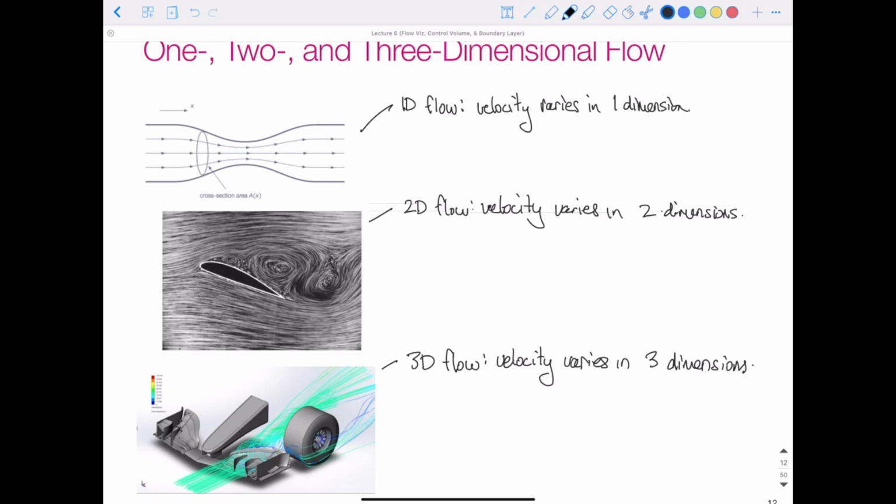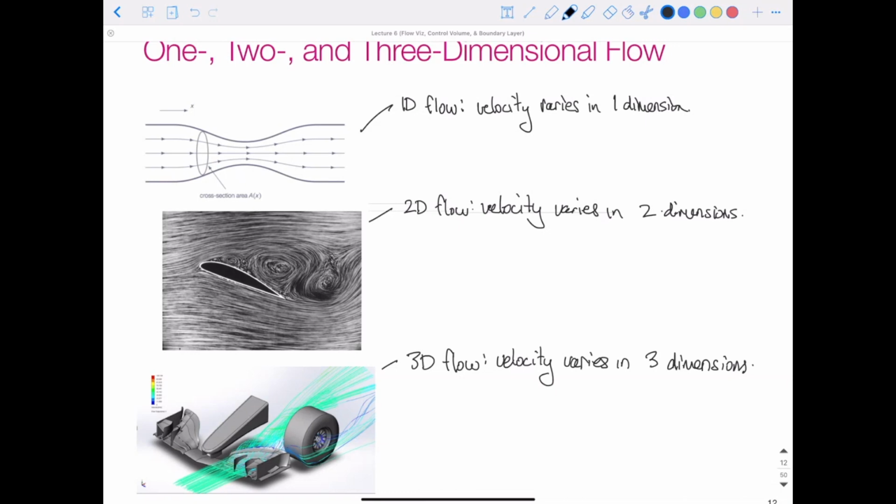So a typical fluid flow involves 3-dimensional geometry, and the velocity may vary in all 3 dimensions. But sometimes we can simplify this down to fewer dimensions. For example, this airfoil section is 3-dimensional, but we really care about the flow in a certain plane. So we would simplify that down to 2-dimensional flow. And if we can prove that the amount of fluid flowing in and out of that plane is relatively insignificant, then we can validate an assumption that maybe a 3-dimensional flow could be modeled as a 2-dimensional flow.